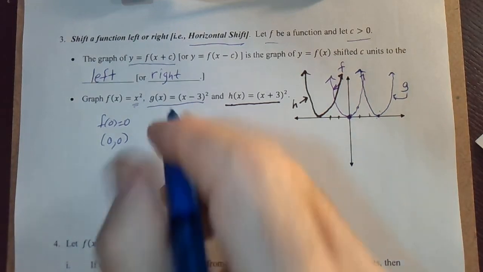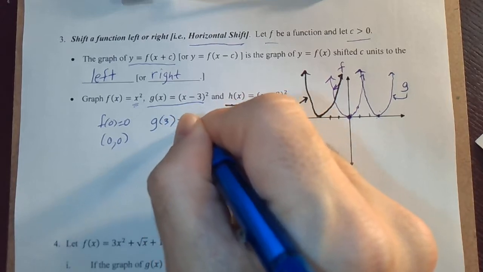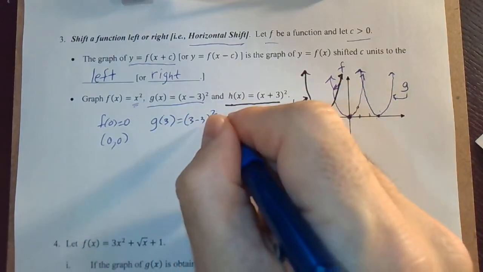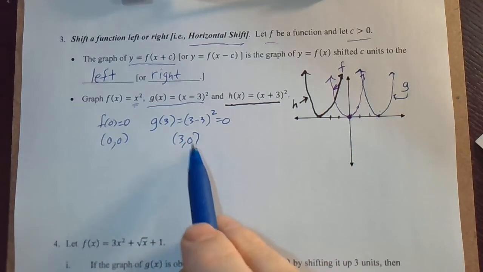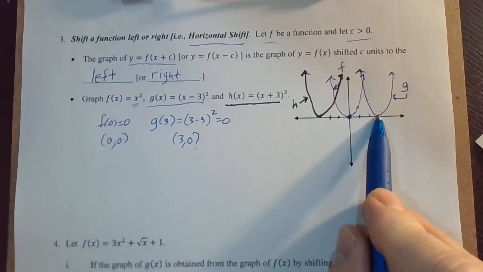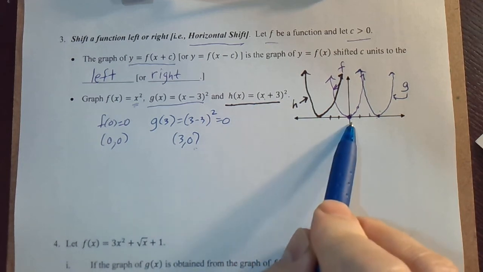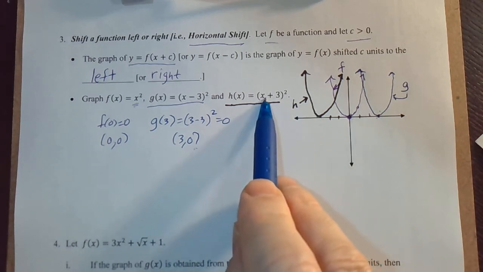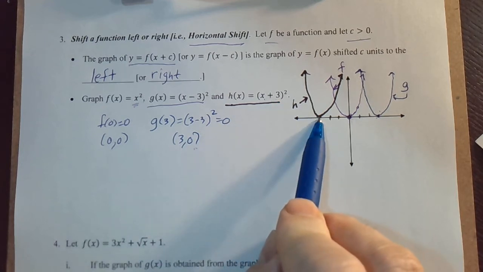Well, g of 3 is 3 minus 3 squared, which is 0. So 3, 0 is a point on this graph. And likewise, if you plug in a negative 3 for x here, for h, negative 3 plus 3 gives us 0. So we've got this correct.